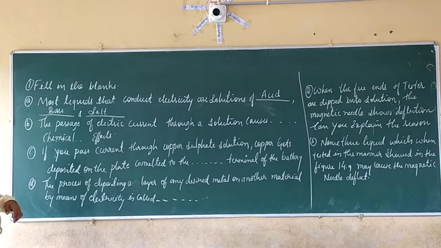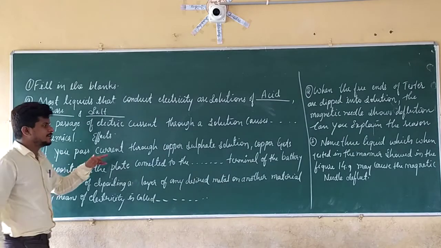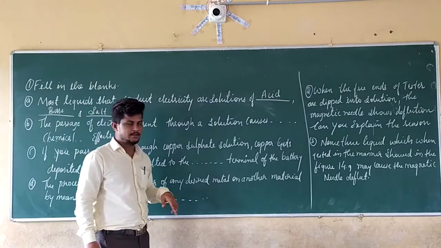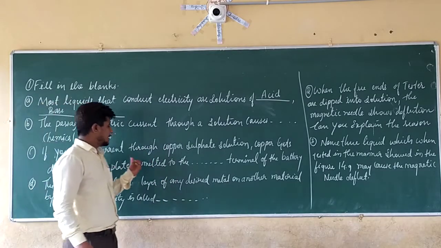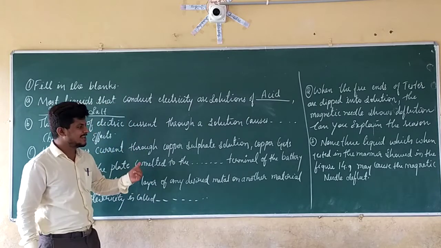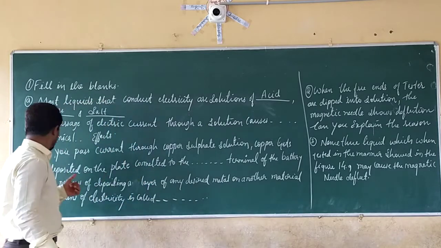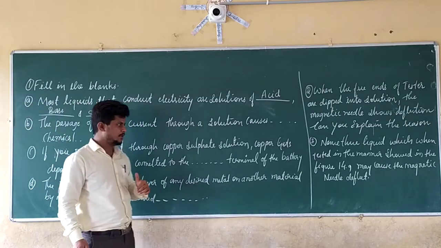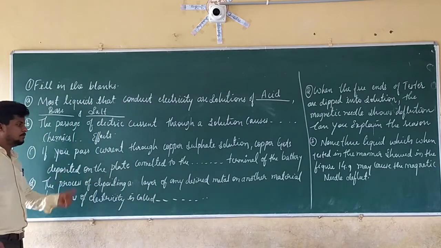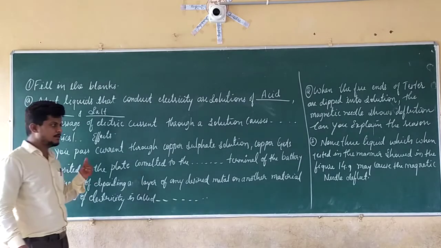Now question C. If you pass current through a copper sulfate solution, copper gets deposited on the plate connected to the dash dash terminal of the battery.